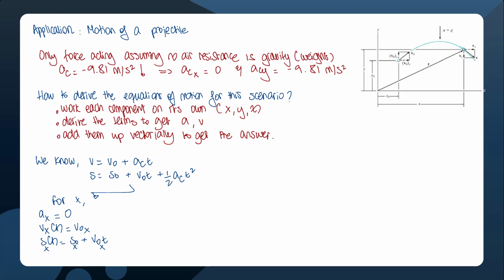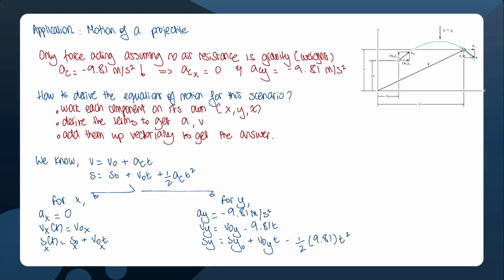Now doing the same thing for the y-axis, notice here that we do have an acceleration, so technically no term should cancel out in the two equations. So we have v_y is equal to v_0y minus 9.81 t, and s_y is equal to s_0y plus v_0y t minus half 9.81 t squared. Notice again here we replace the plus with a minus since the acceleration is equal to minus 9.81.